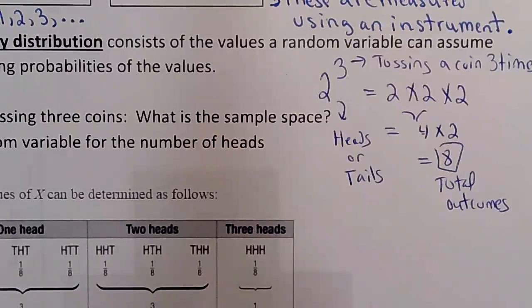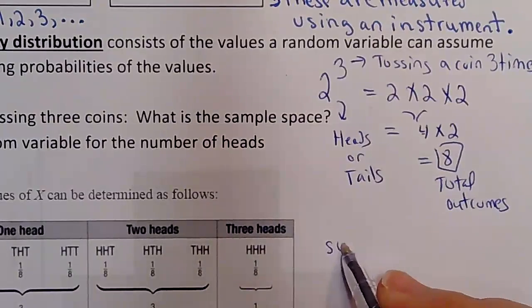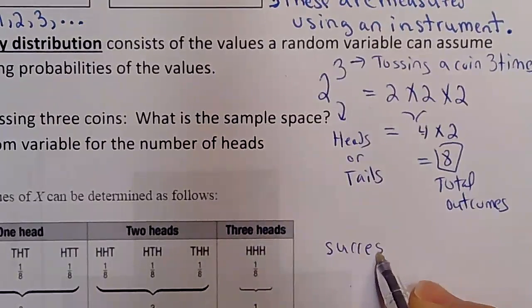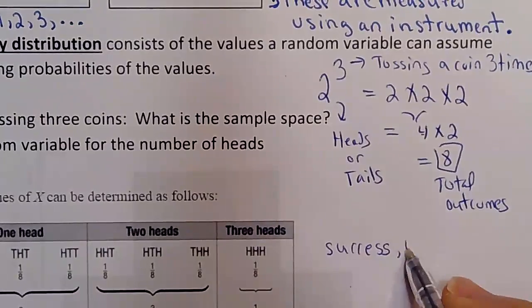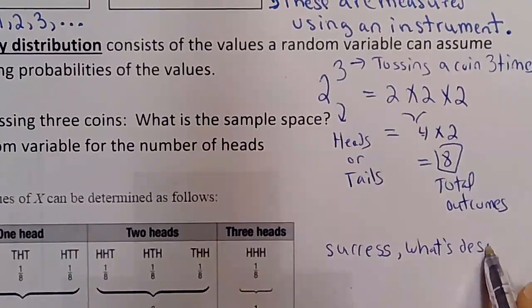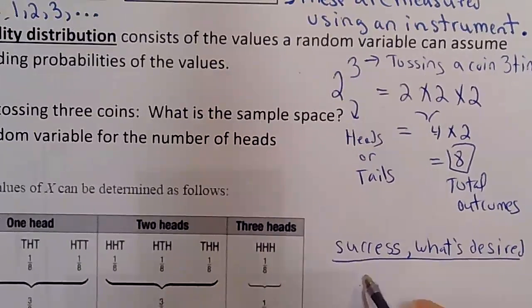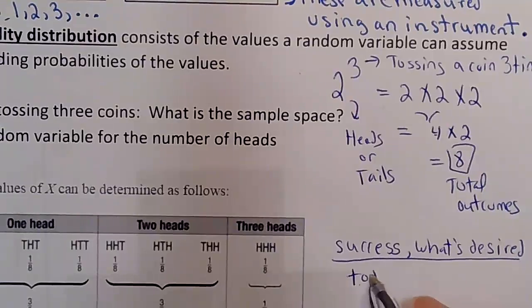Okay. And so the idea when you do these, these are successes. So like what's desired, in this case we wanted the heads over the total outcomes, and there was 8.